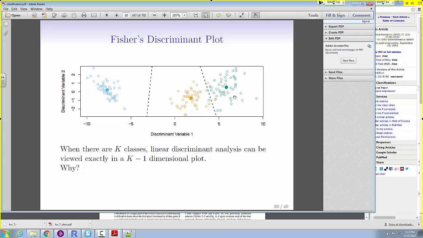To plot the discriminant values against each other. So K minus 1. In a three-class case, we would have a discriminant value for all three of the classes. What's the distance to class 1? What's the distance to class 2? We would have a third one as well.